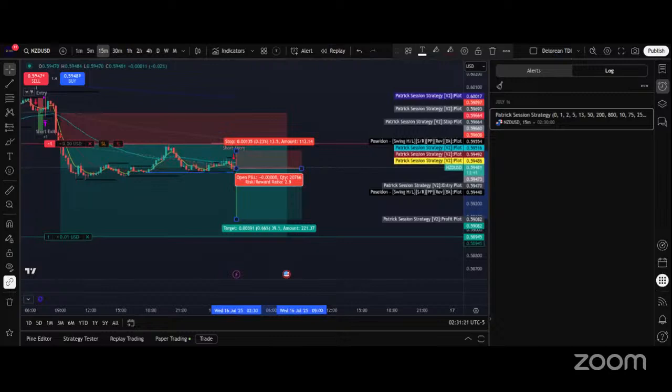Take profit is going to be 0.59082, that's going to be for 39 pips. Stop loss is going to be 0.59608, that's going to be for 14 pips. And entry price is going to be 0.59473.